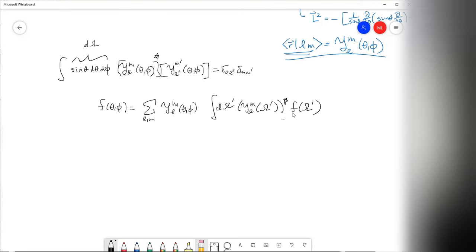So it's the inner product between f and the Y_LMs. These are just the coefficients, the C_LMs corresponding to an expansion in spherical harmonics. It works as a basis for the space of square integrable functions on the sphere.